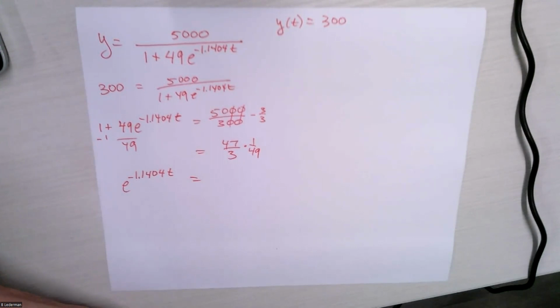So it's 47, so 3 times 49, 3 times 9 equals... I keep hitting the wrong buttons on it. 3 times 49. Right?